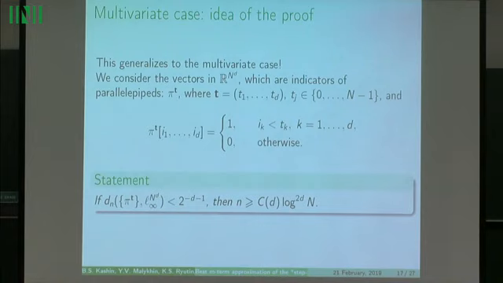And one can show, by using some tensor product construction and generalizing the considerations from the previous slide, that if we have this upper estimate for Kolmogorov width, then the dimension should be not less than log to the power 2d of n.